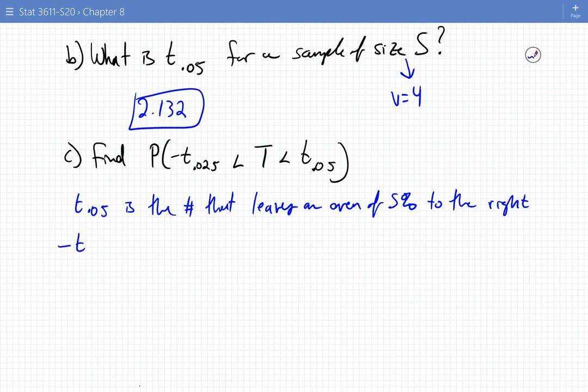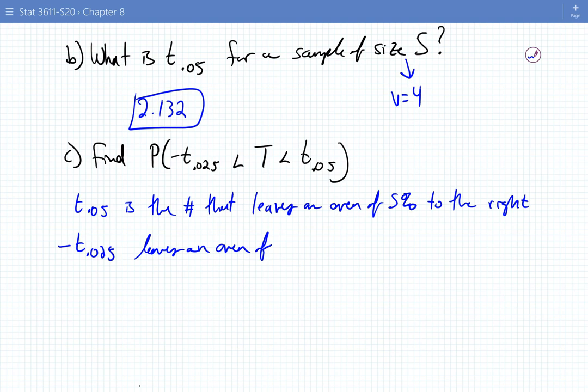And negative t of 0.025 leaves an area of, so think about what this would mean.